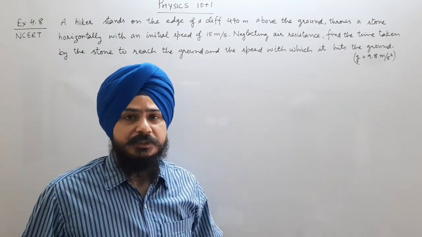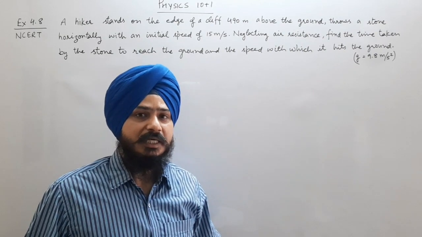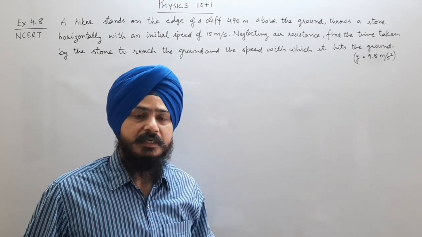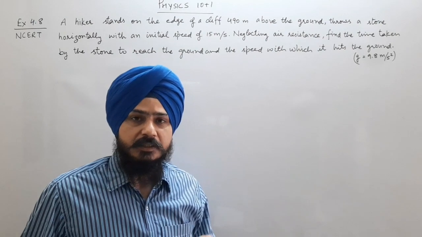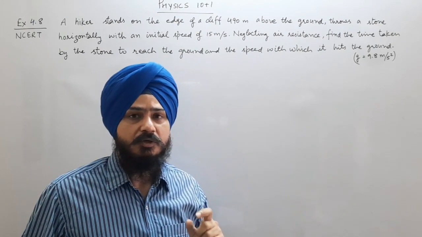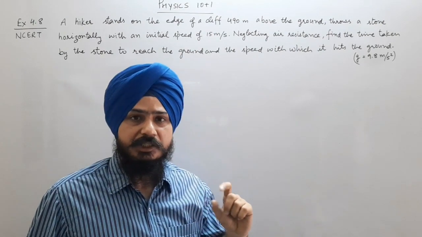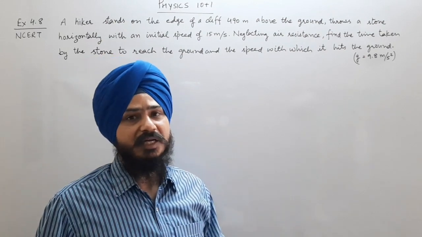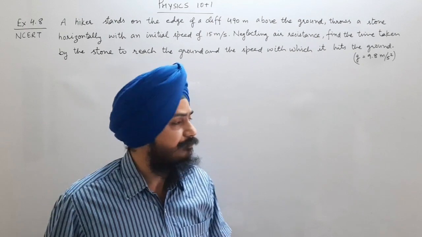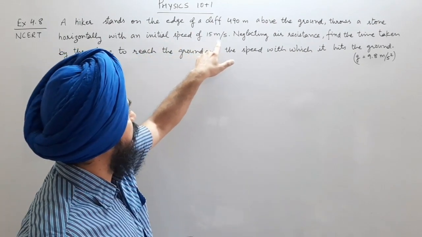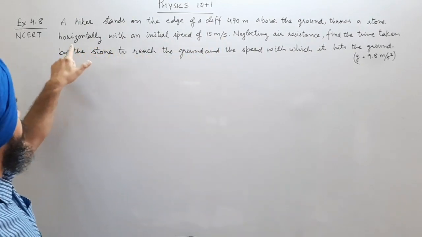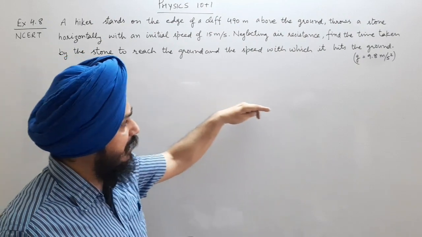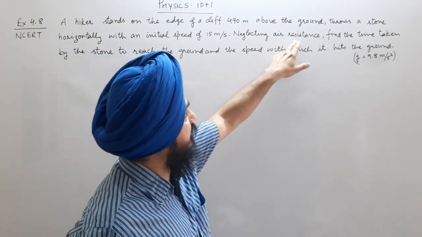Earlier in projectile motion, we also talked that a projectile is a body which is thrown by giving just an initial velocity, and afterwards it moves under the effect of gravity only and by its own. Its initial speed is 15 meters per second and its direction is horizontal, towards the x-axis, neglecting air resistance.